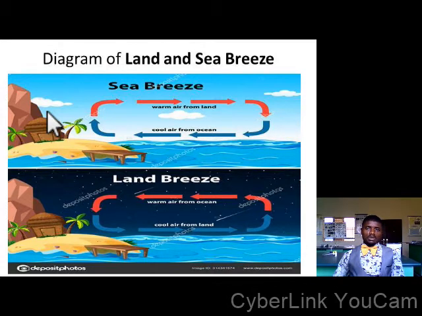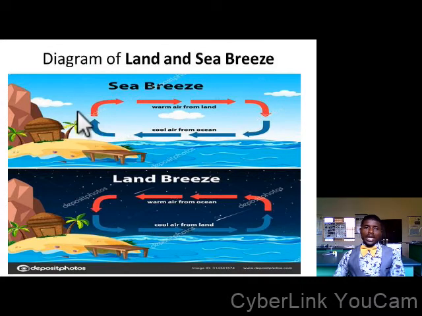And so it is cooler in the daytime. If you sit close to the sea in the daytime, you feel cool. Now down here in the night, what happens?